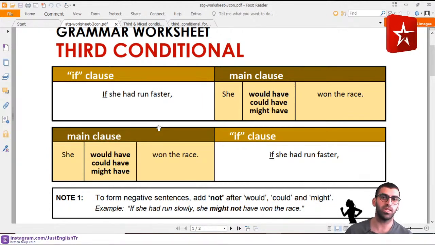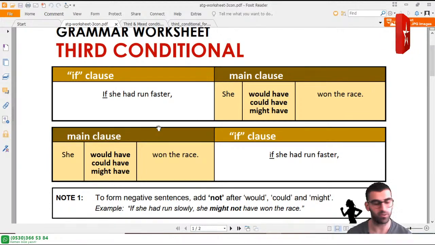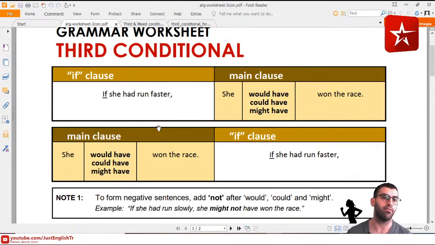Okay, guys, as you see, we have two clauses for any conditional type of sentence. It doesn't matter if it is first, second, or third conditional. We have if clauses and main clauses. In the if clause, we have to use past perfect.